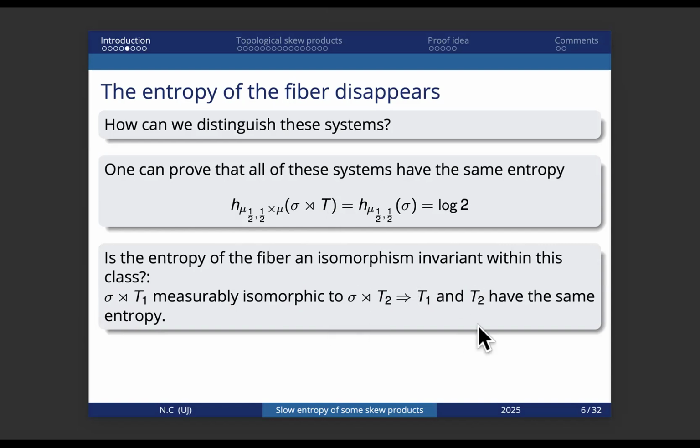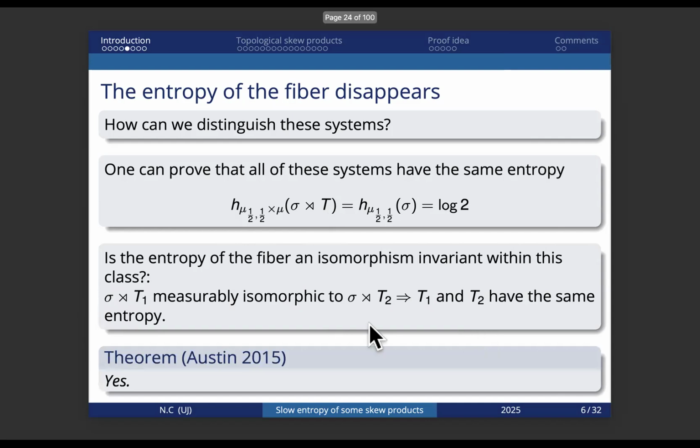And it turns out that the answer is yes. So when T1 and T2 have different entropy, then we have non-isomorphic systems. That is, the entropy of the fiber is an invariant in this class of systems, which is very nice.